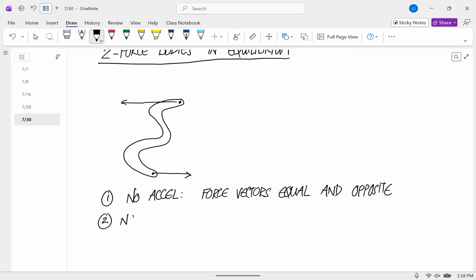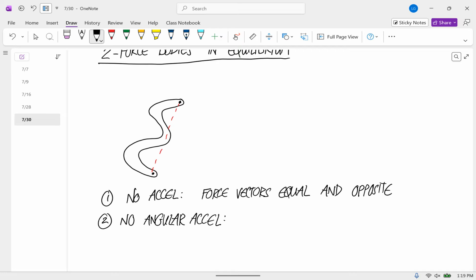So if we're going to assume that there's no angular acceleration, the only way that there's no moment produced is if these both have the same line of action. So they both have to act along the line between the two points where the forces are applied. And there are two possible ways that that can happen.